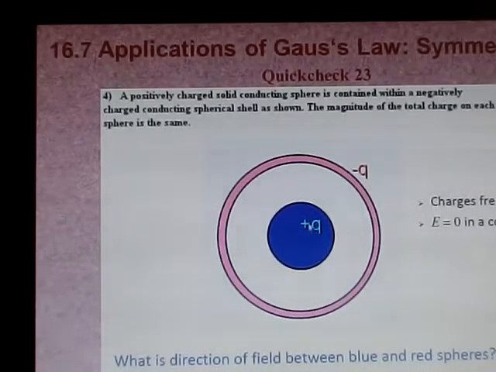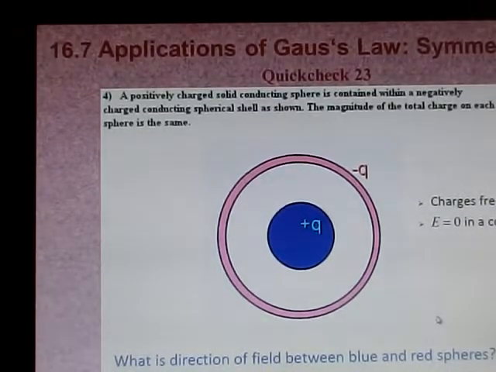It is spherical, meaning the charge is on the surface. The magnitude of the total charge on each sphere is the same. So plus Q is the same as minus Q. Only the sign is different. Okay? So inside them, the field is 0 because the electric field in a conductor is 0.